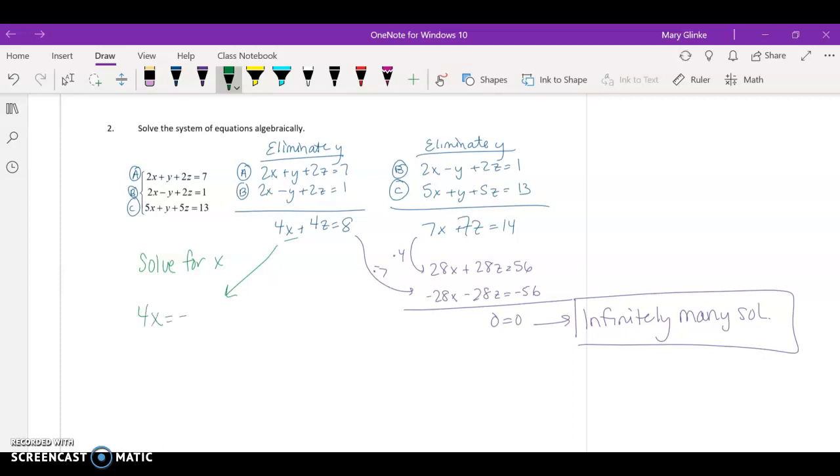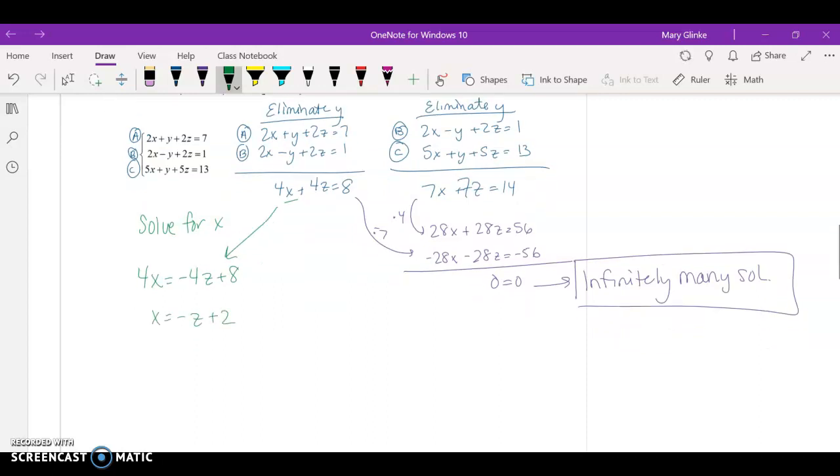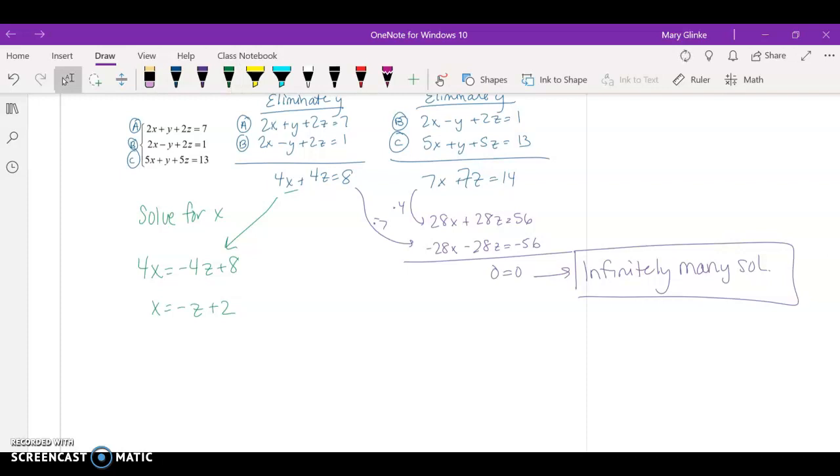So I'm going to move the 4z to the other side and divide by 4. So right now, at this point, I have x in terms of z. So I'm going to leave x as negative z plus 2, and I'm going to leave z as z.